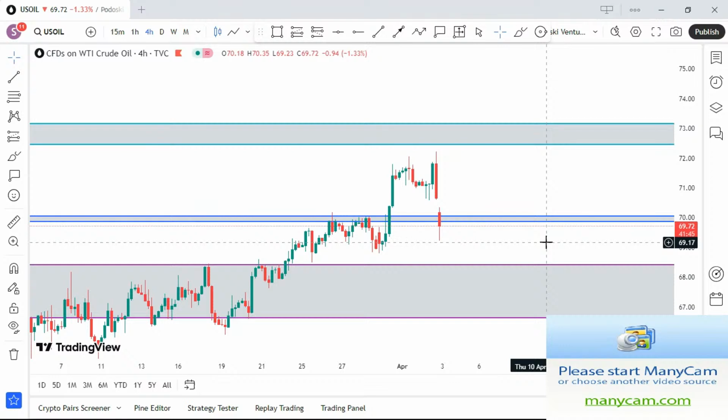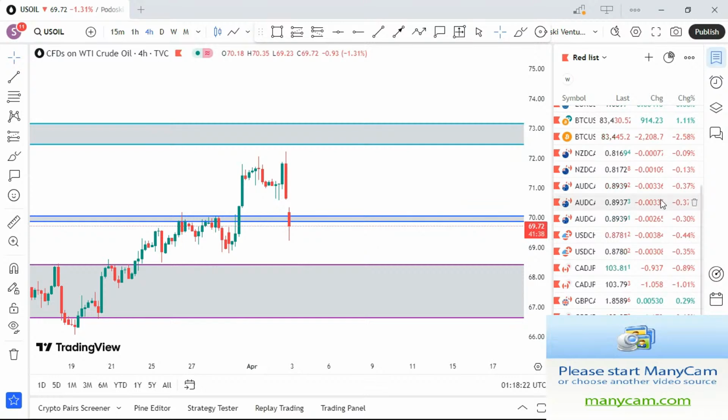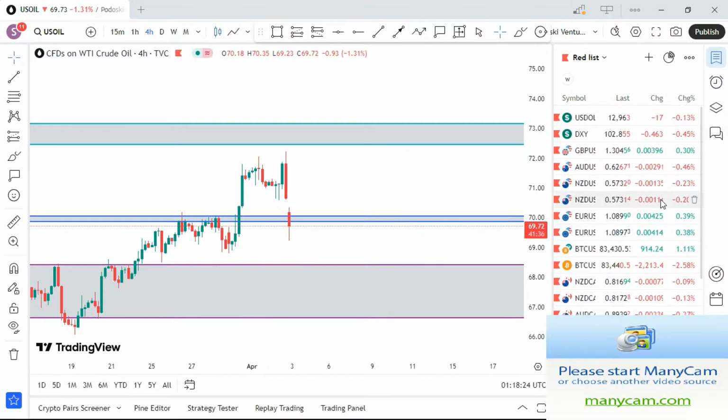So I gave a signal on NZD CAD which it took just a couple of minutes ago, and we are now looking for another entry on US oil.